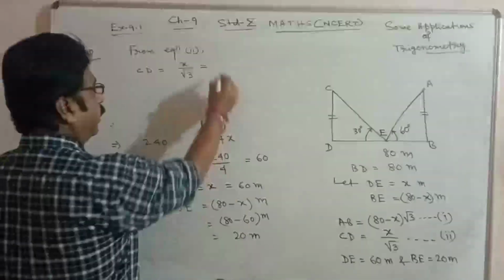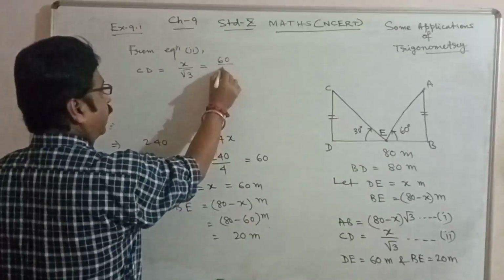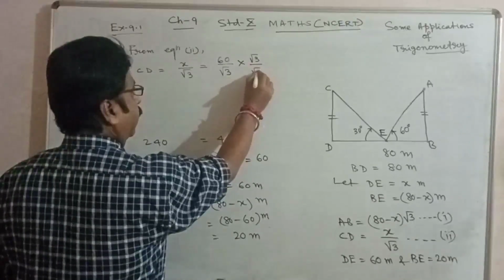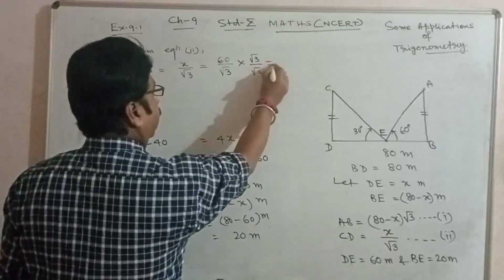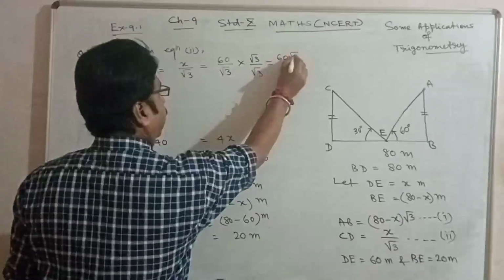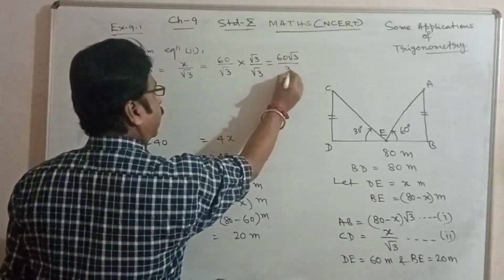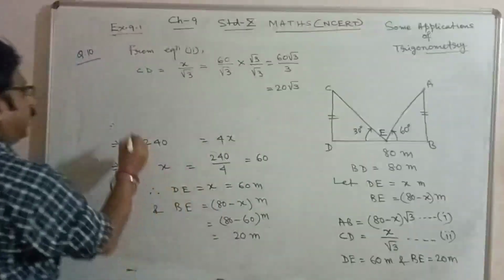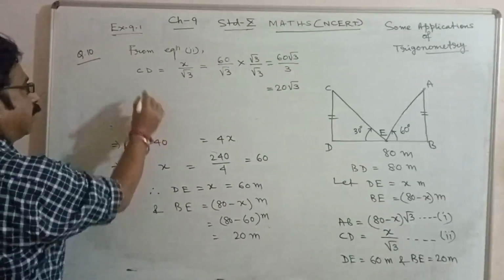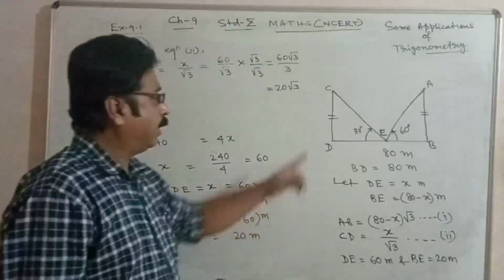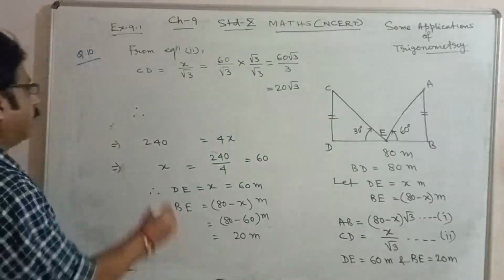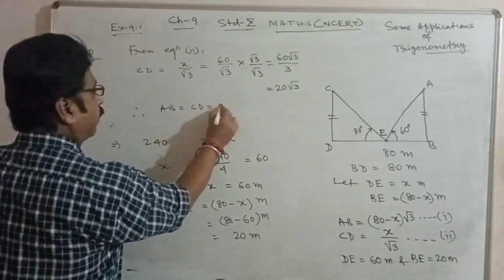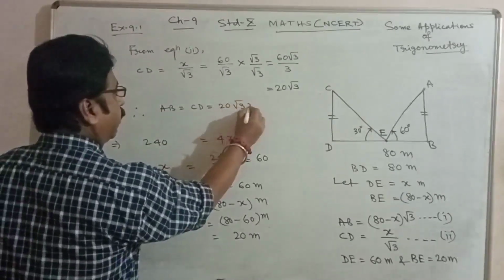X means 60 upon root 3. Then rationalize it. Root 3 upon this will be 3. After cutting, we will get 20 root 3. Therefore, CD and AB both are equal. AB equals to CD equals to 20 root 3 meter.